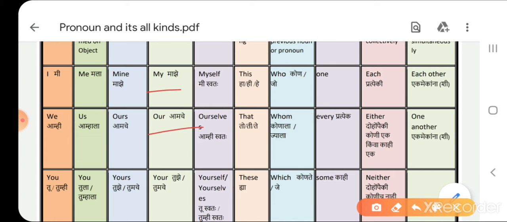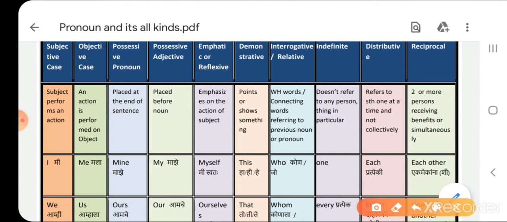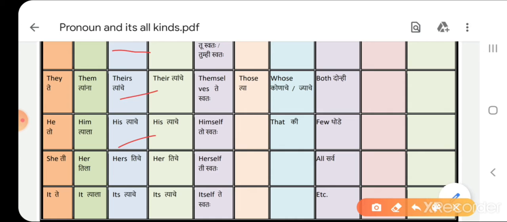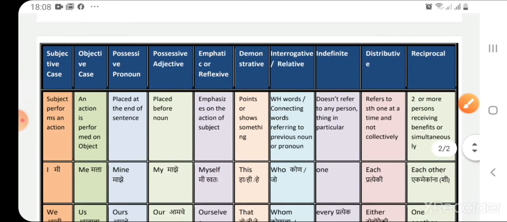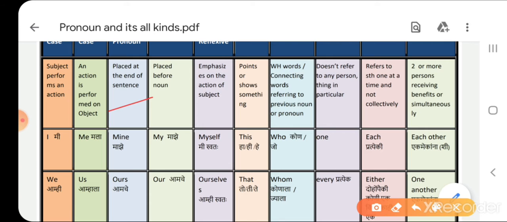On the contrary, possessive case pronouns like mine, ours, yours, theirs, his, hers, and its are used at the end of the sentence and not before noun. For example, this pen is mine.